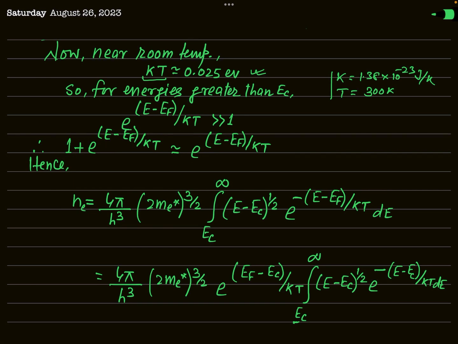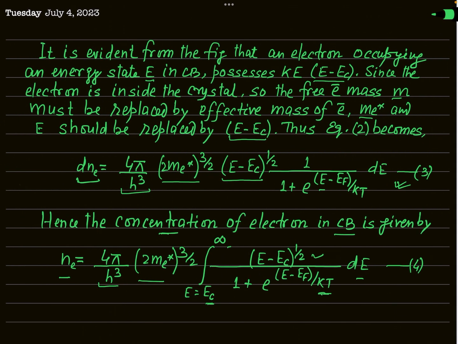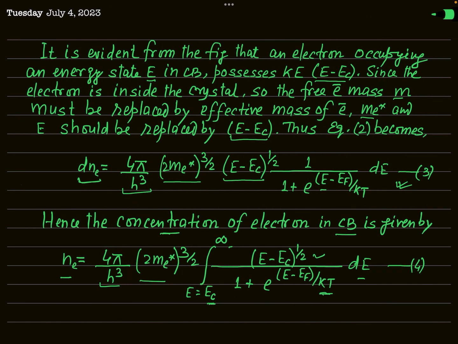So for this value of KT, this exponential factor e to the power (E minus EF) by KT will be much greater than 1. And if it is much greater than 1, what will be the value of this denominator?